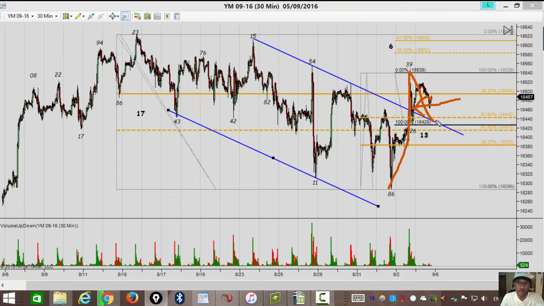So you've got a confluence of support here. You've got fib support and you've got channel support, and you've got the volume to boot.